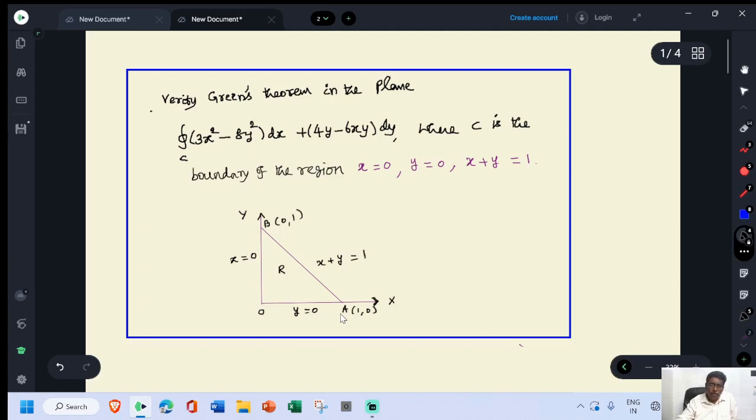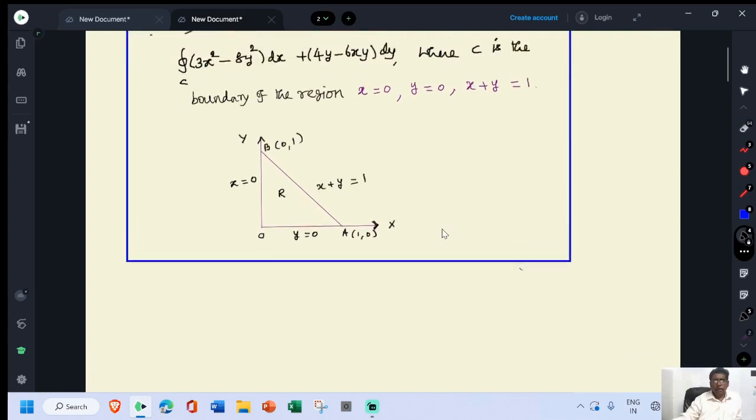Consider the point A at which x = 1 and y = 0. At the point B, x = 0 but y = 1. Connect these two points, and we get the x + y = 1 line. Now the region R is bounded by these three equations.